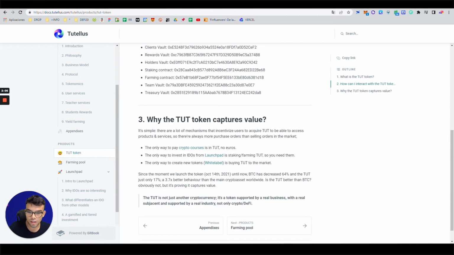And then here a quick explanation of why the TUT token captures value. So basically, to summarize it quickly, the TUT token can capture value in many different ways, but the most important ones that we are seeing that are really effective are these three that we have written. The first one, the main thing we sell as a company, is the course and the education on crypto.